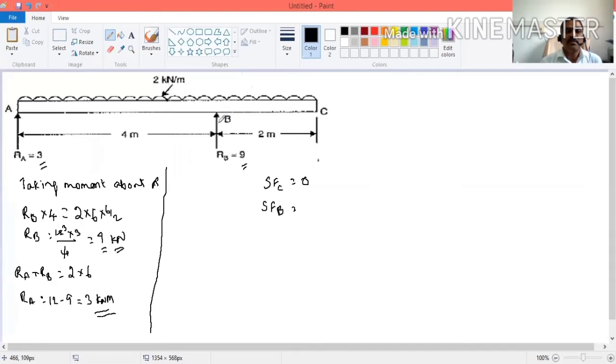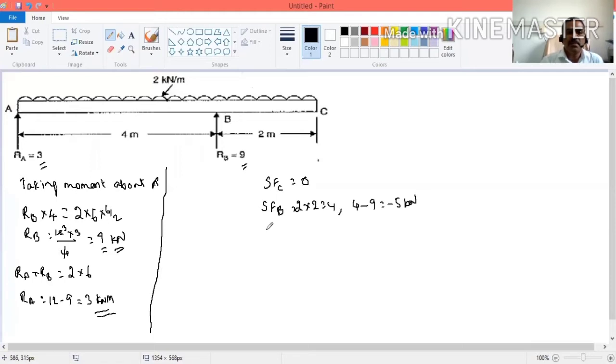Without the point load, it is 2 into 2, 4, downward direction, so positive. If you include the reaction, which is upward, so negative, 4 minus 9 is equal to minus 5 kilonewton. This is the shear force at point B.